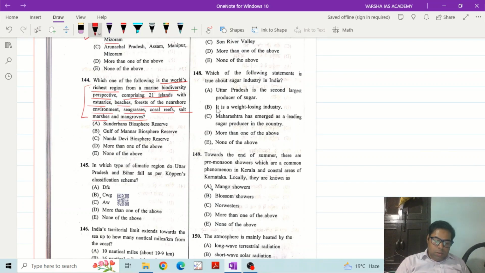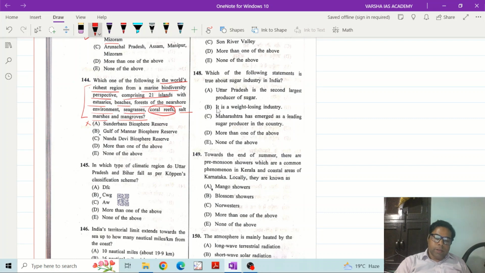So this is the Sundarban Biosphere Reserve. It will not be this. Why? Because coral reef is absent there.